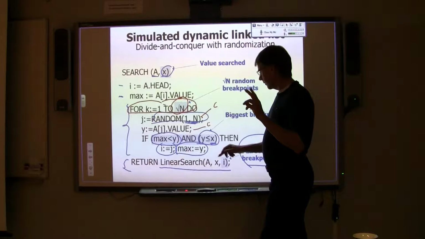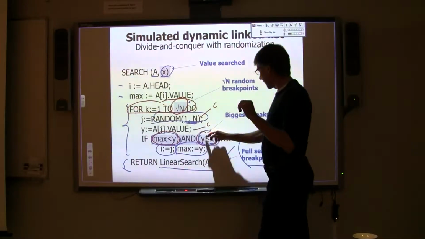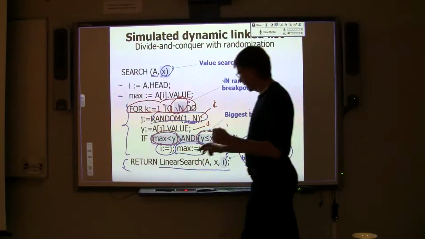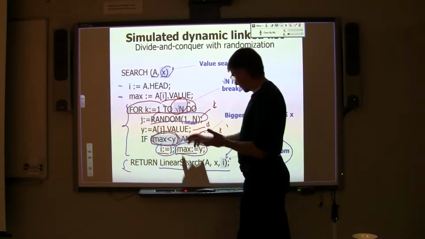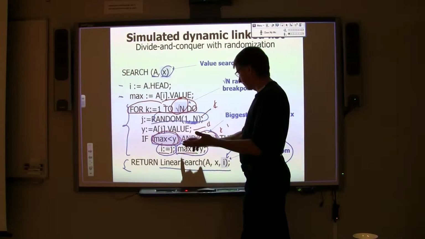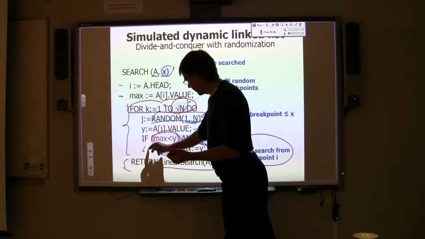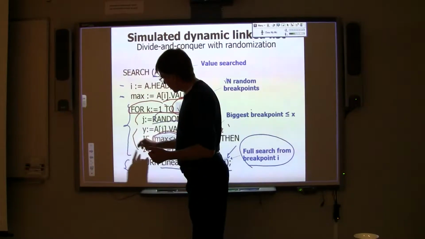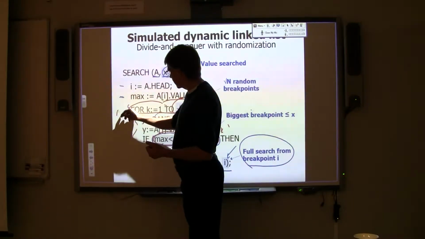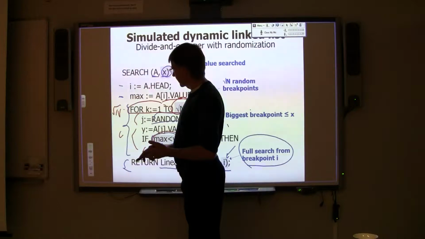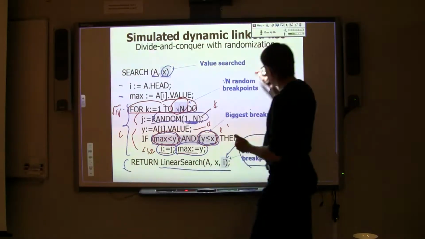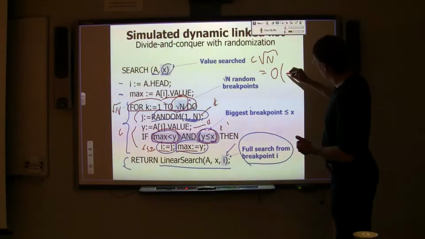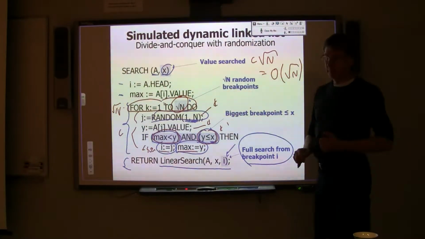Copying the number, taking one comparison, two comparisons, so it's a constant number of operations. Copying happens only if it's bigger, so this happens even less than 50% of the time. But anyway, in total, this is some constant number spent here, but this is square root of n. So in total, this takes square root of n times a constant, equal to order square root of n time.